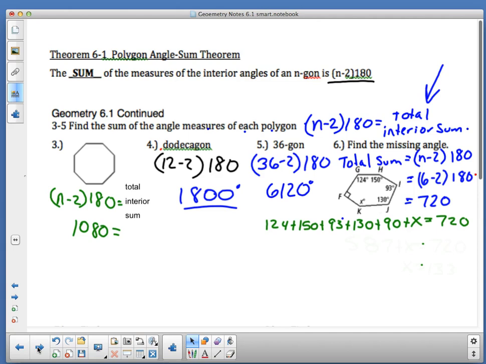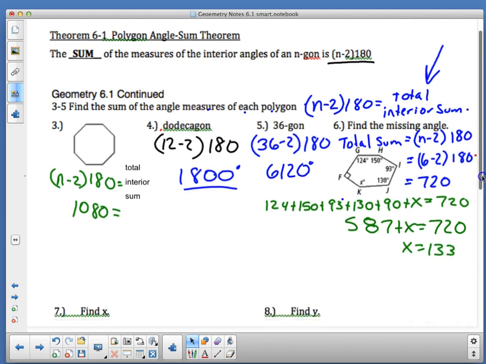So after we add them up and say 587 plus x equals 720, I get to subtract my 587 and come up with x being 133. But keep in mind, I'm doing this because I know the total interior angle value, adding each angle up at where it's at, and then I can solve for missing values.